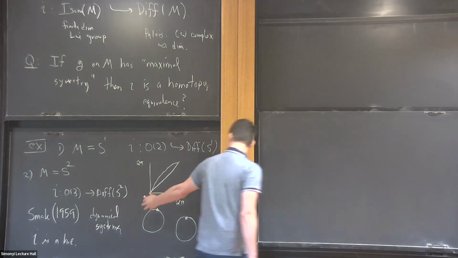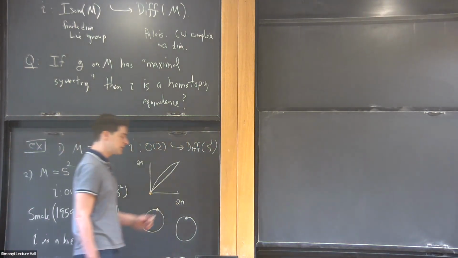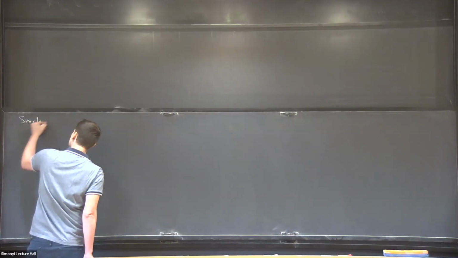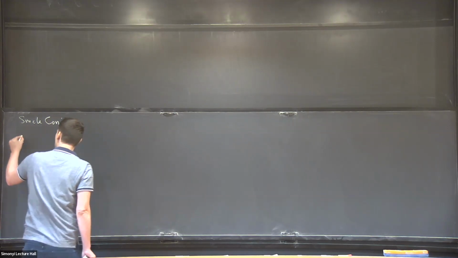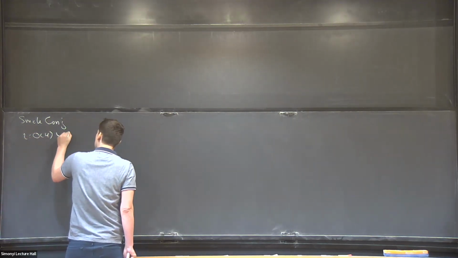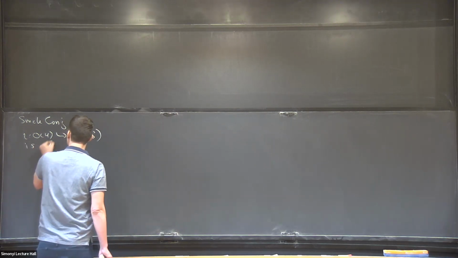In this paper in the 50s, he conjectured that the same thing should be true for S3. This is a famous conjecture, the so-called Smale conjecture. He conjectured that the inclusion of isometries into the diffeomorphisms of S3 is a homotopy equivalence.